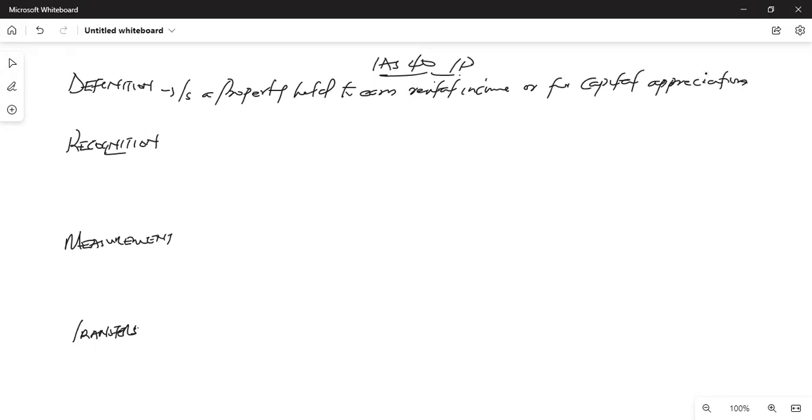A typical example is land held for capital appreciation, a nice business, of course, and a building that you give on operating lease.